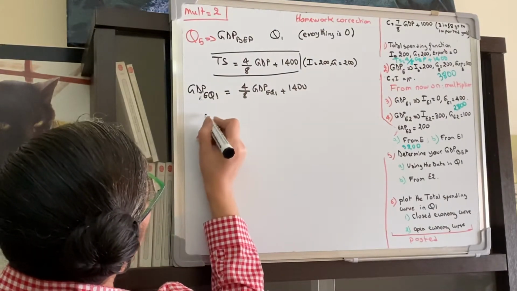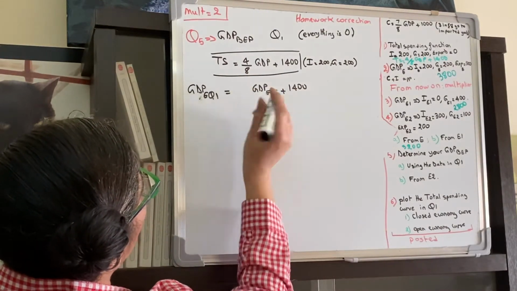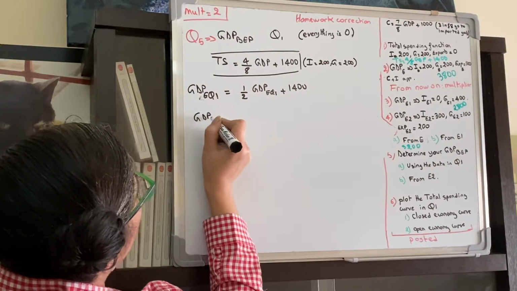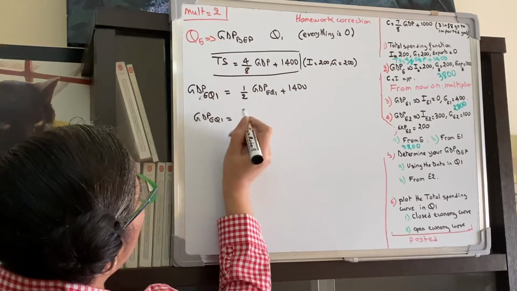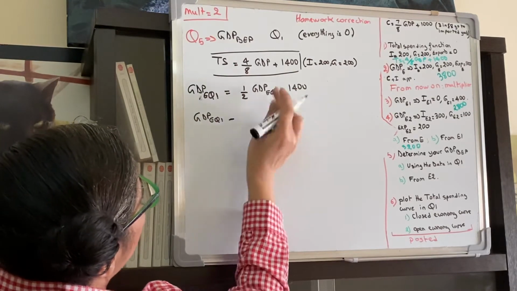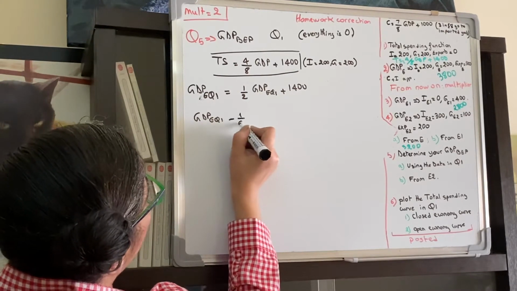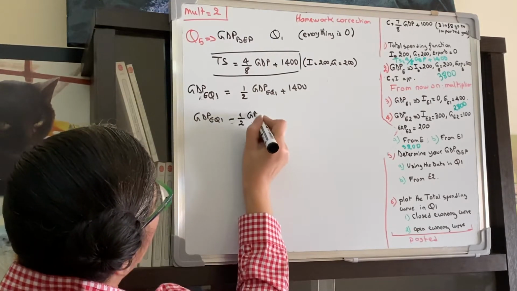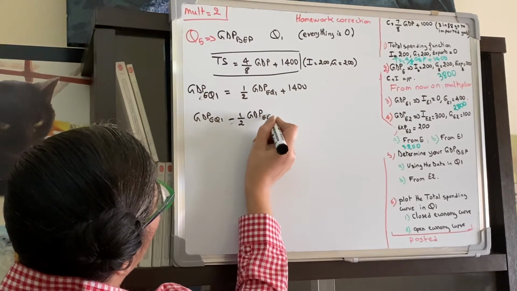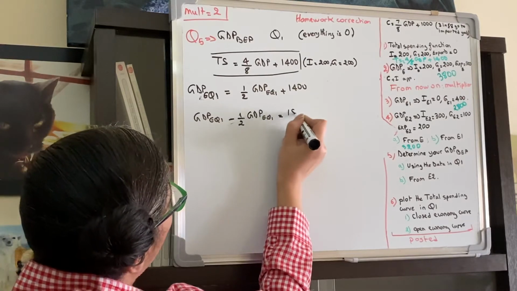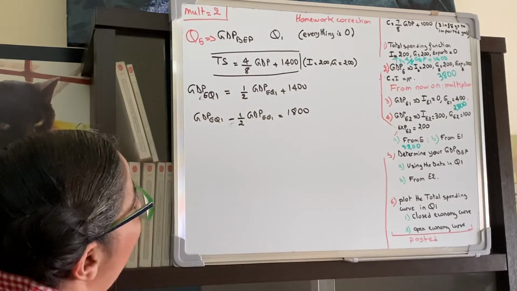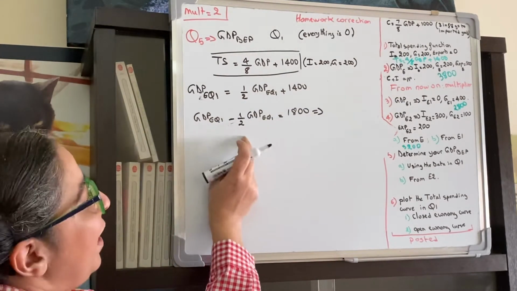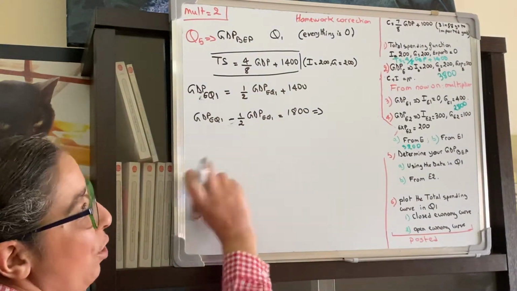So I did change this one to 1/2. It's easier. So GDP equilibrium question 1 minus half GDP at equilibrium question 1 is equal to 1,800. So from here, GDP minus half GDP, that's going to give you half GDP.